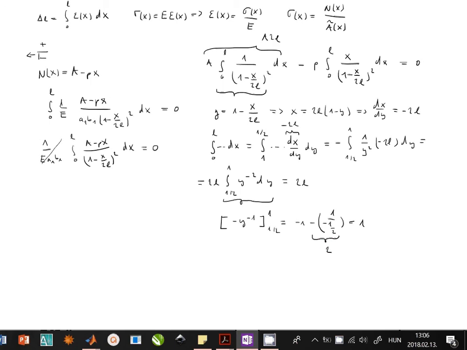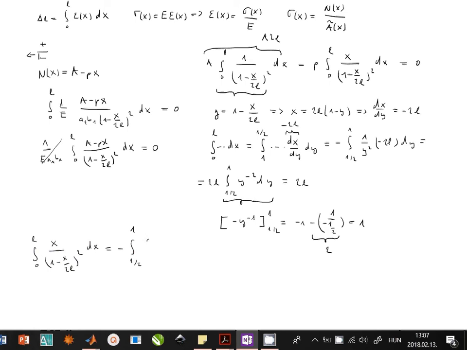Let's see the second part of this equation. So we need to integrate from 0 to L x over (1 minus x over 2L) squared dx. We will do the very same substitution. So again, we can switch the bounds, and we have to use this substitution for x.